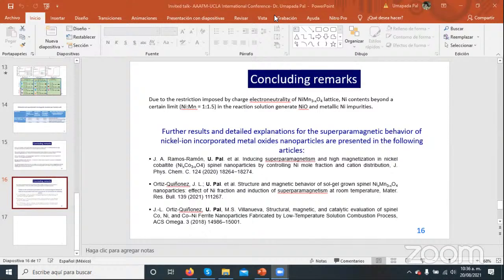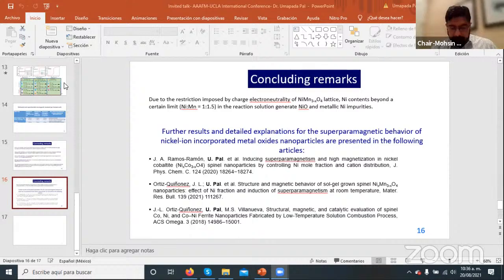We use them in energy: plasmonic semiconductor materials in hybrid solar cells. We study the magnetic properties relatively less. We use these materials for supercapacitors and catalysis, especially.